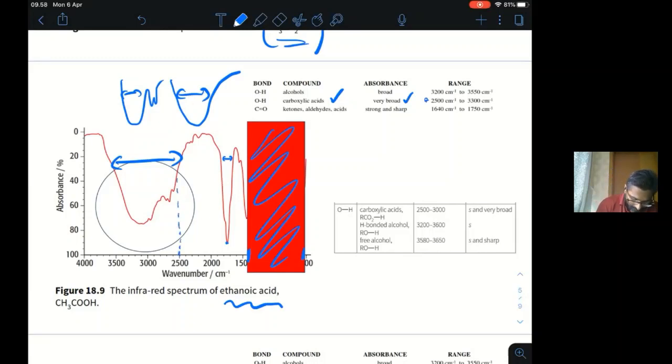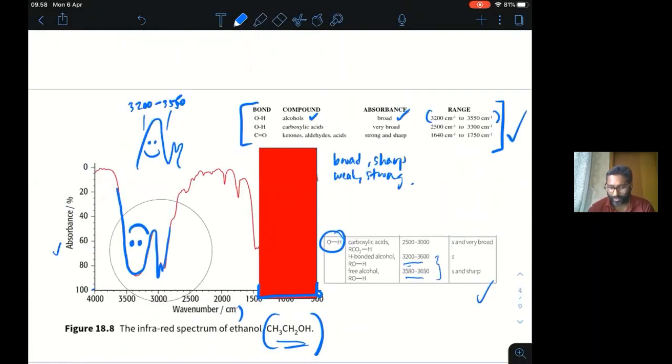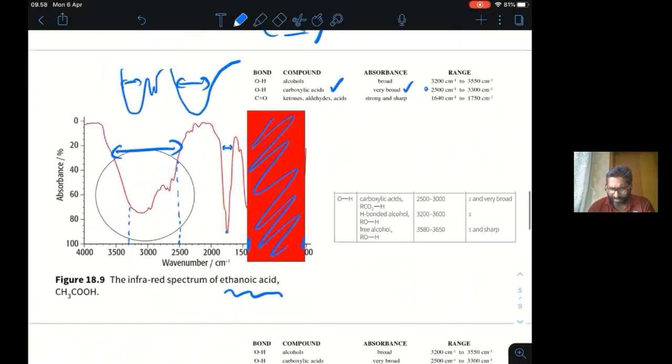The range will be here. The earlier range is 3,200 to 3,550, so there is some difference over there. But in a simpler form, this belongs to alcohol, this one belongs to carboxylic acid. If you want to explain your answer, you need to use this range.